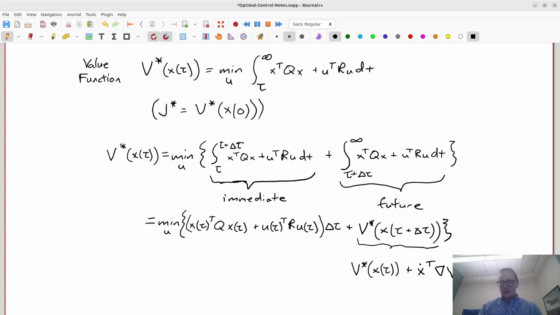times delta tau. I'm not really explaining this in too much detail, but essentially this is saying that our value function at tau plus delta tau is going to be the value function at tau plus some distance x dot tau that we move, multiplied by the gradient of the value function and then multiplied by delta tau there.